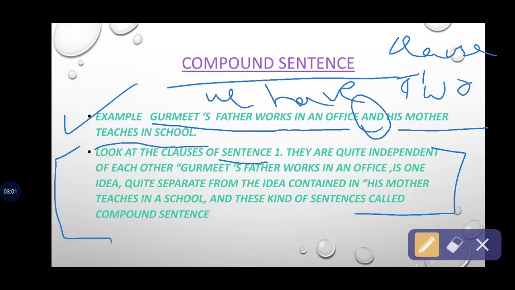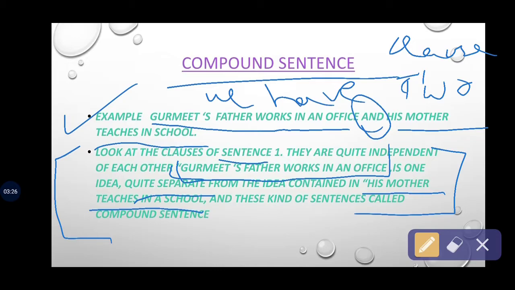"Gurmeet's father works in an office" is one sentence, and another one is "his mother teaches in a school." That is quite separate from the first idea. These kinds of sentences are called compound sentences.